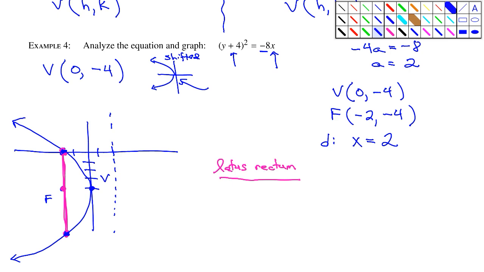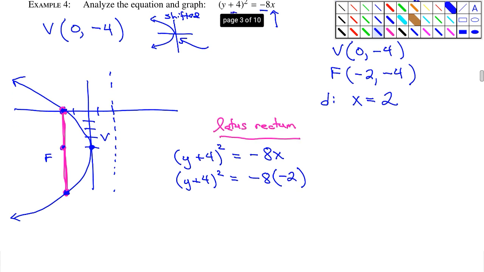So let's start with the equation. It would be (y + 4)² is equal to −8x. And what we know is that the x-coordinate for the focus and the latus rectum endpoints are all equal to −2. So (y + 4)² is equal to −8 times −2. That means (y + 4)² is equal to 16.